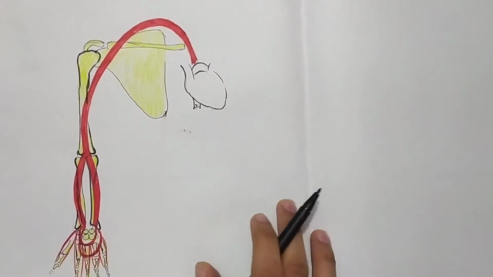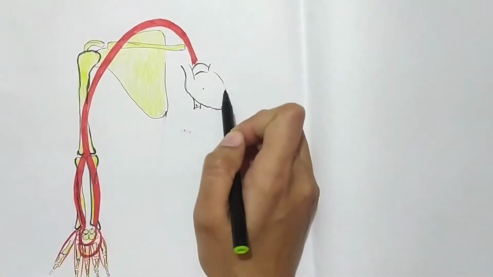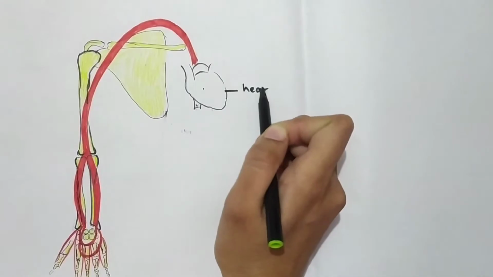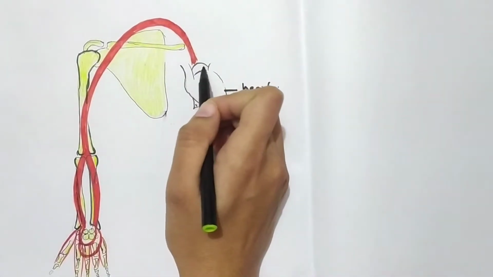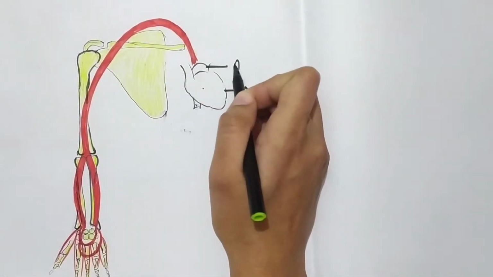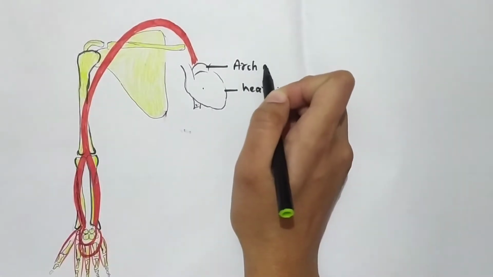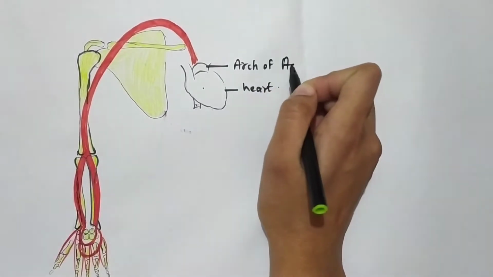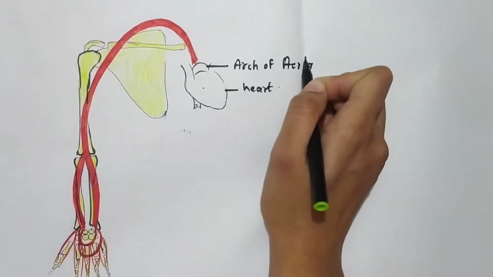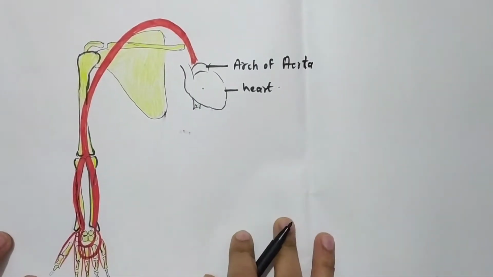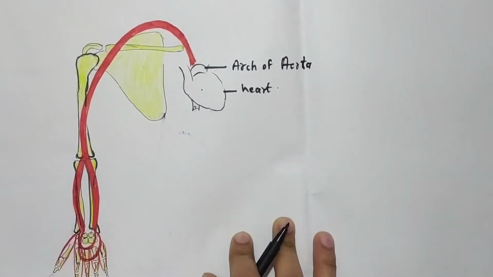Let's start. So this is heart, and we know that from the arch of aorta, three branches arise, namely brachiocephalic, left common carotid and left subclavian. And from the brachiocephalic, two branches arise, that is right subclavian and right common carotid.